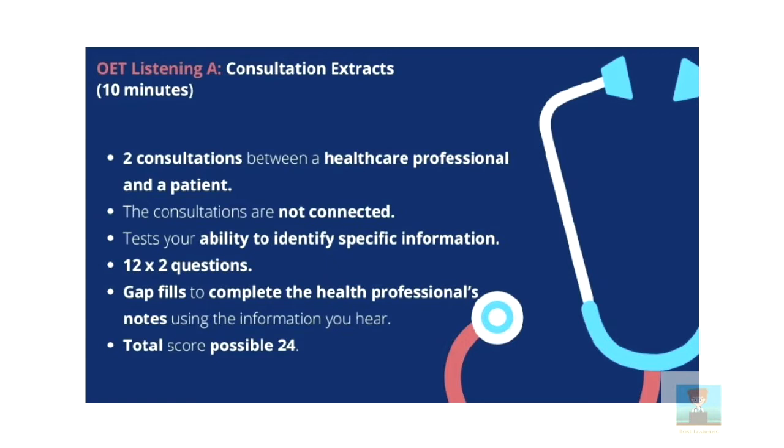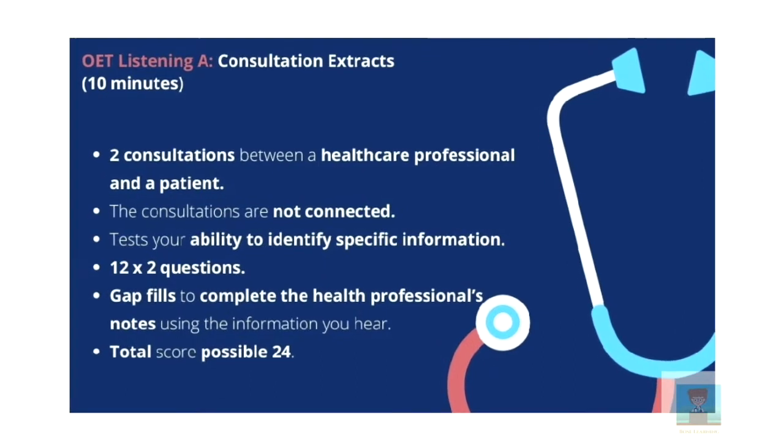You'll get 12 questions times 2 because you have 2 extracts to listen to, and you'll get gap fills to complete the healthcare professional's notes using the information you hear. Each extract is about 5 minutes long, so about 10 minutes in total, and there's a total possible score available of 24 points.